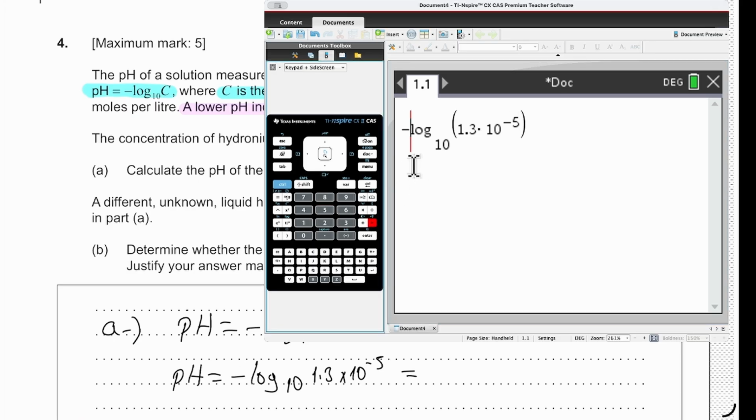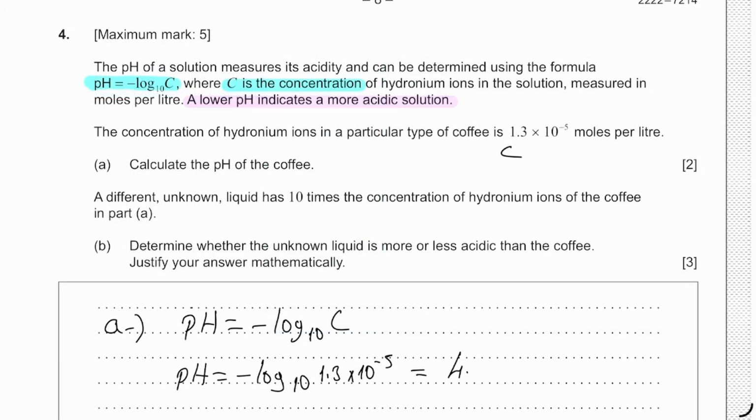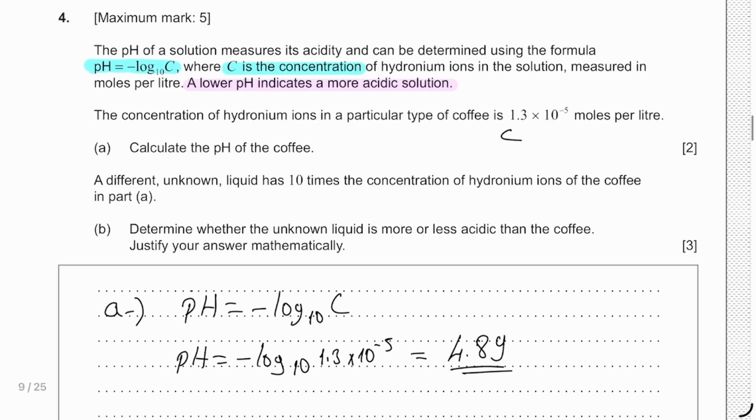So I write the negative at the end. And am I correct? Yes. So 4.89 is our answer, to three significant figures. So this is part A.